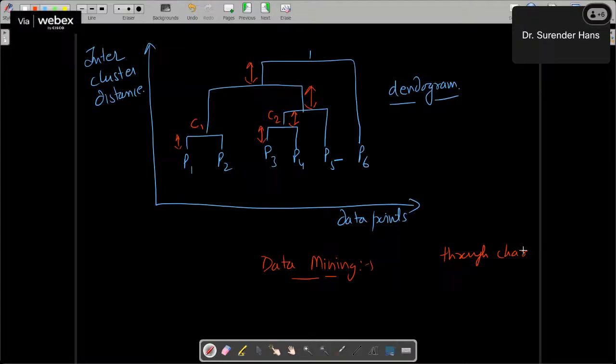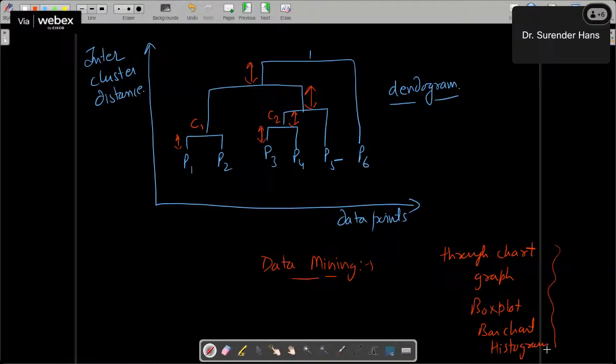We analyze the data through the chart, through the graph, through the box plot, through the bar chart, through the histogram.